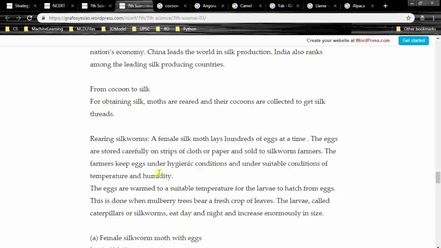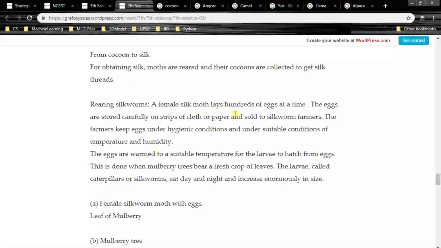The farmers keep eggs under hygienic conditions and under suitable conditions of temperature and humidity. So there are specific conditions. Only under those conditions we have to keep those eggs, otherwise they will get destroyed. The eggs are warmed to a suitable temperature for the larva to hatch from eggs.